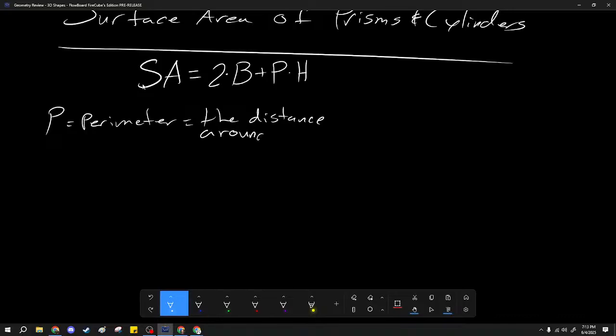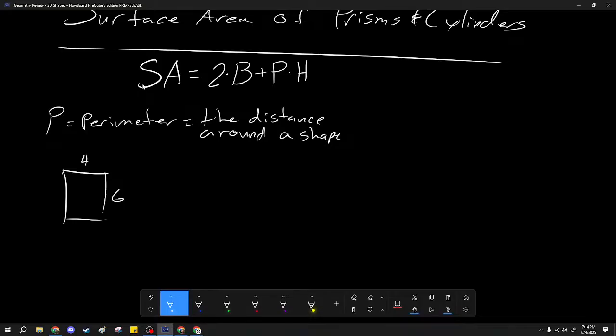Quick example, let's say I have this perfectly drawn rectangle, and I say this side length is 4 and this side length is 6. To find the area, we would multiply those together and get 24. We did that earlier. To get the perimeter, we need to add up all the sides.